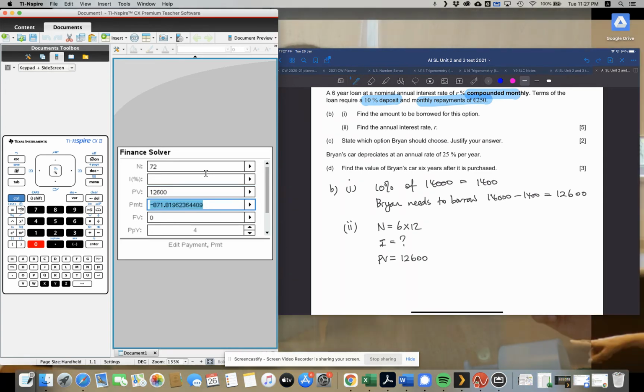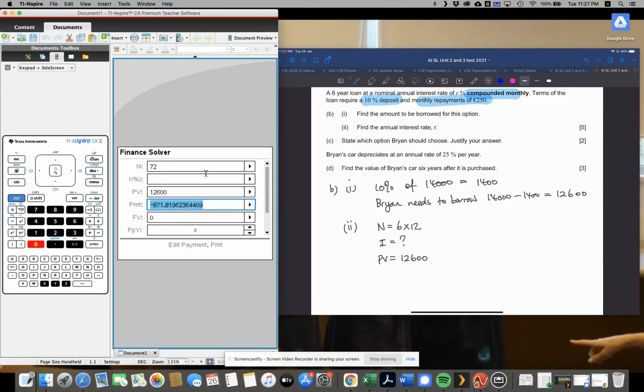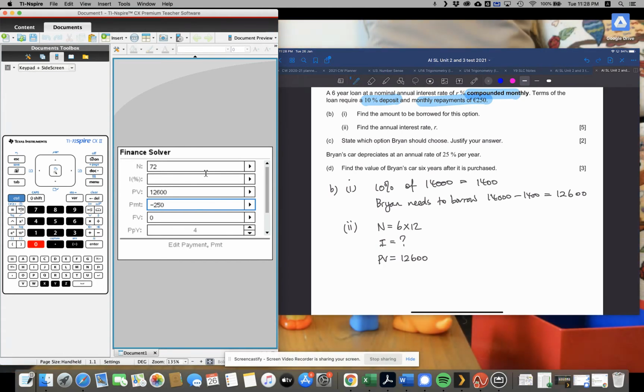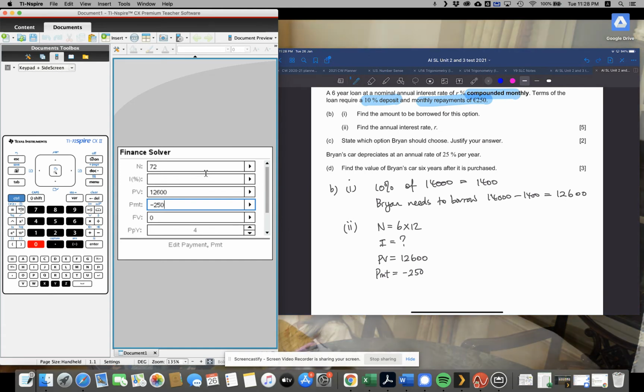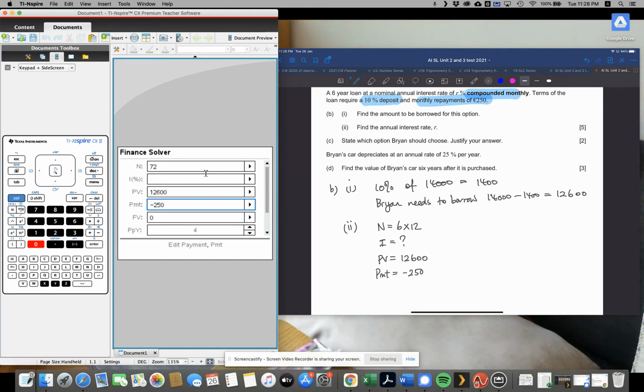Payment. We were told each time he would need to pay 250, so negative 250, reducing the loan. So PMT is negative 250. And our target is, of course, to get the loan down to 0, pay it off.